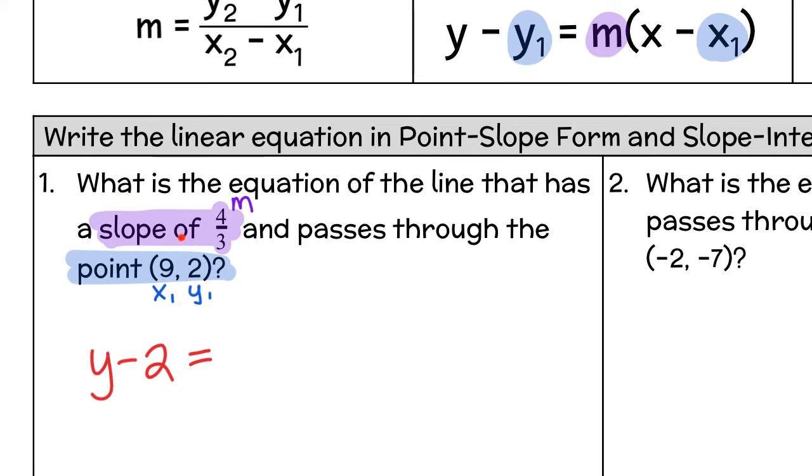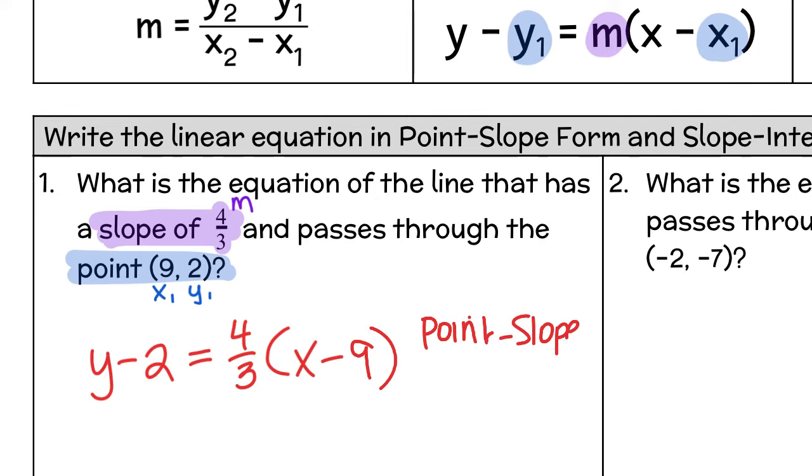And for us, m is 4/3. Parentheses x minus x1, and our x1 is the number 9. Okay, so this right here is already our point slope form. So if you look at our instructions, that is one thing that they wanted us to find, point slope form.